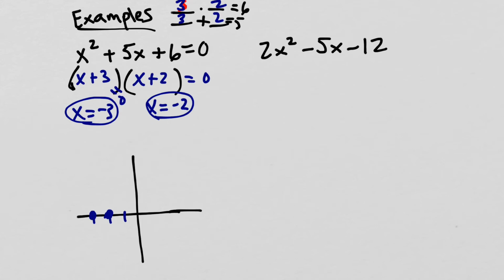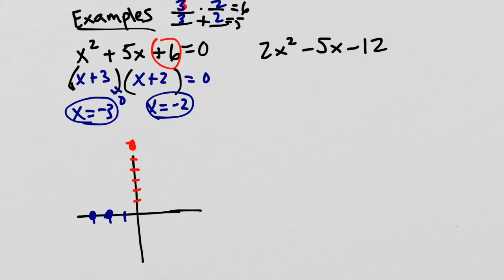We also have c, the constant, so 6 is our y-intercept. Since a is a positive 1 in front of x squared, it is going to be a U shape.